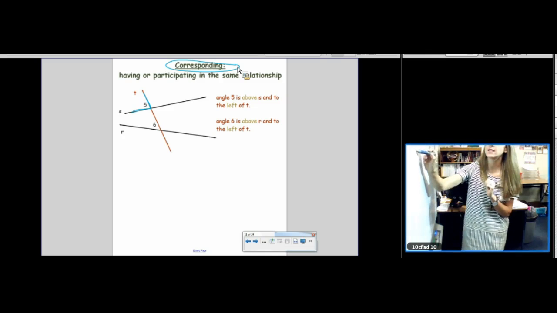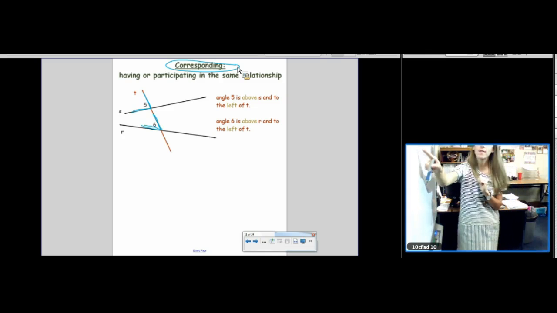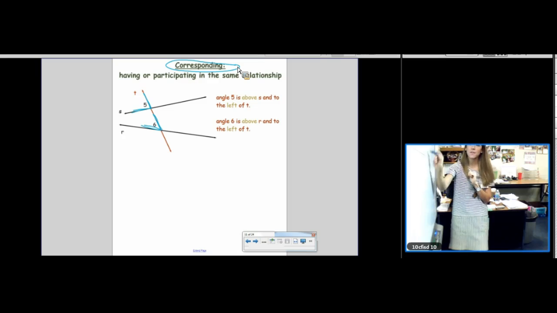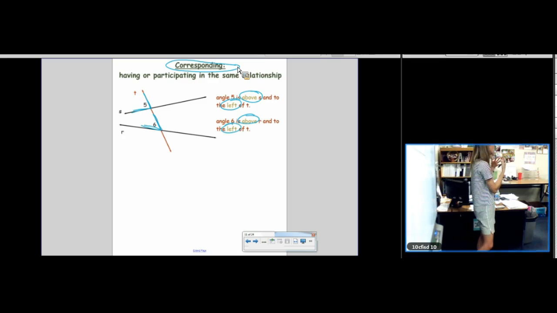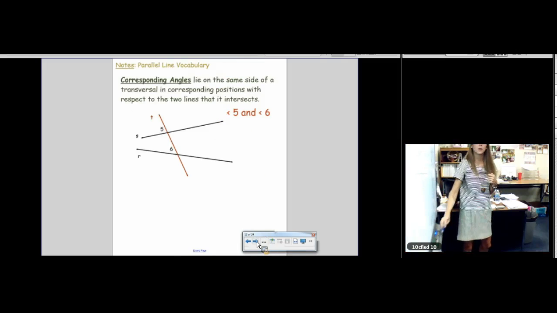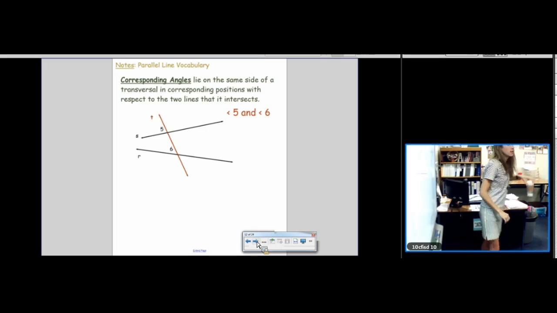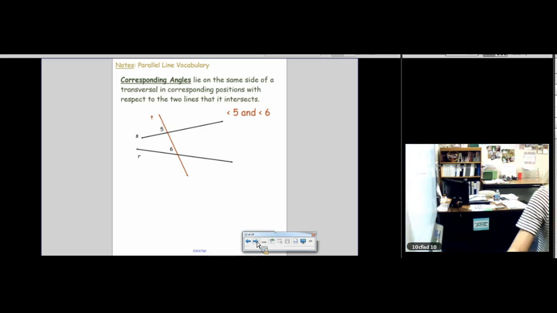Now, where is 6? It's above line R, and it's to the left of T. So they're both above and left. When two angles are in the same position, they're called corresponding angles. Angles 5 and 6 are corresponding.